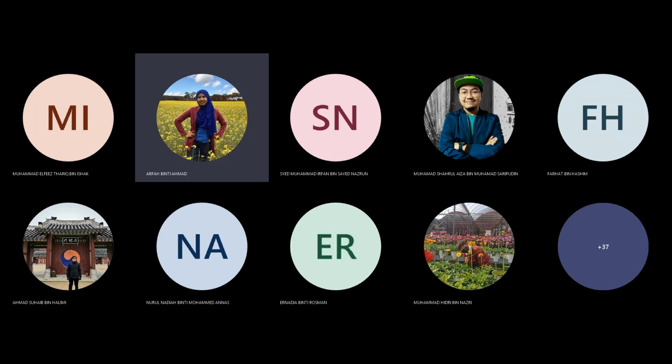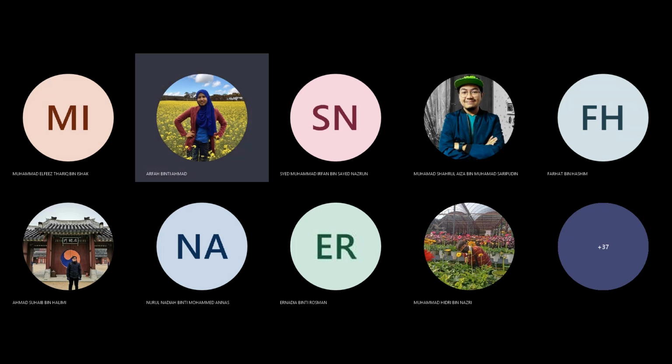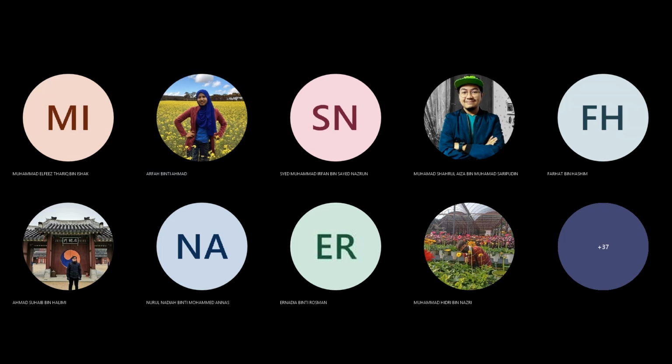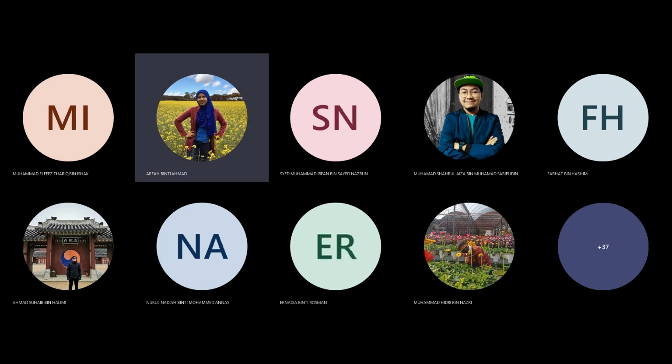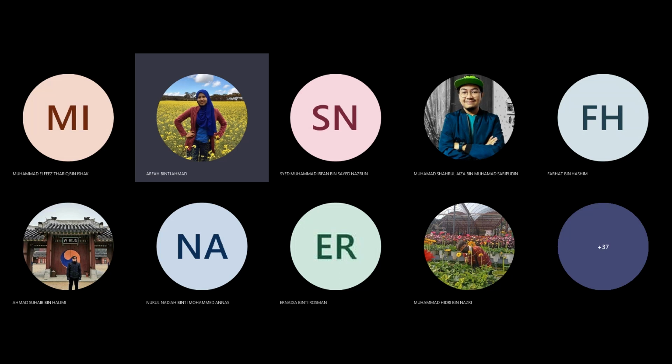Sekejap. Silinder. Dia silinder yang sebenarnya x kuasa 2 tambah y kuasa 2. So, memandangkan dia bukan x kuasa 2 tambah y kuasa 2, itu circle.